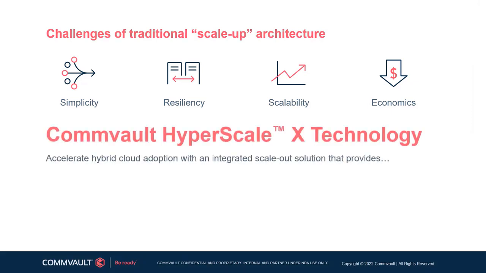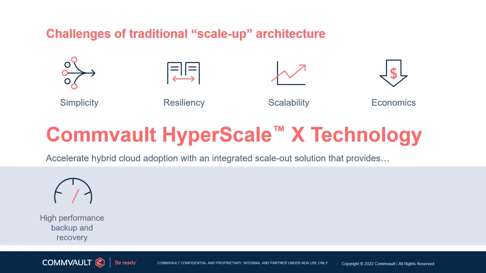The Commvault Hyperscale X platform, powered with the new scale out file system, allows users to accelerate hybrid cloud adoption with a scale out integrated solution that delivers high performance backup and recovery, with automatic load balancing, enhanced RPO, and highly efficient data caching, cataloging, and IOPs, IO per second, and reduced RTO via automatic rebalancing of stored data across nodes.